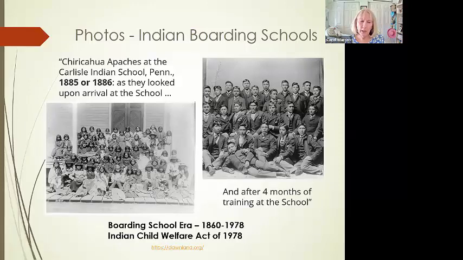Now, this Indian Child Welfare Act also ended another method that the government used to assimilate children. That was forcibly removing children, often from intact indigenous families with extended family groups who would probably have helped, and placing them in mostly non-indigenous foster homes or adoptive homes.